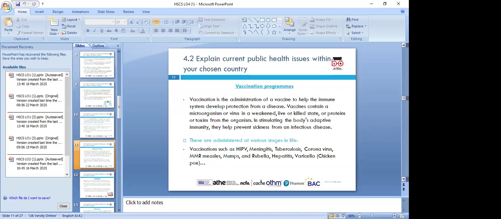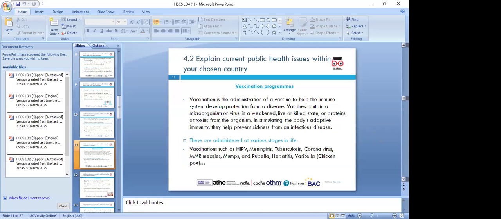They help prevent sickness from an infectious disease. Very, very important. If you've not had your vaccinations, you need to have them every now and then. You need to regularly check your GP profile or file, whether online or printed out, and it tells you where you are due for certain vaccinations.